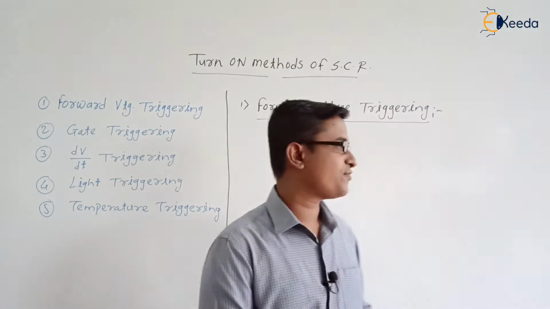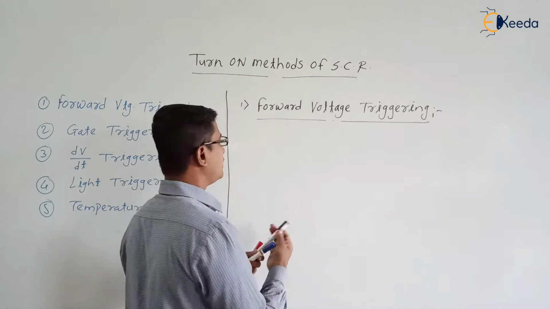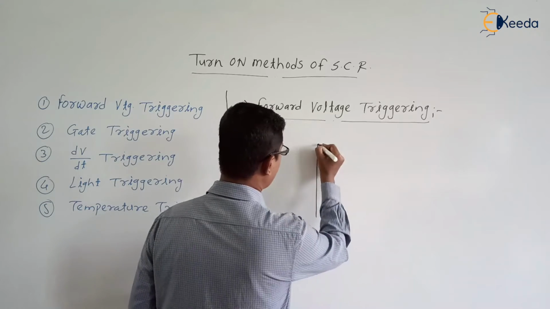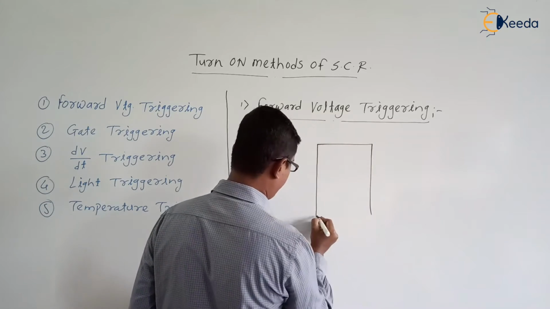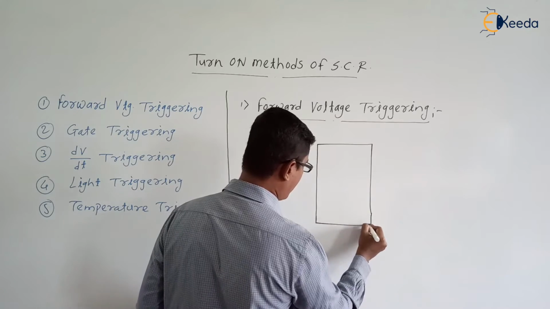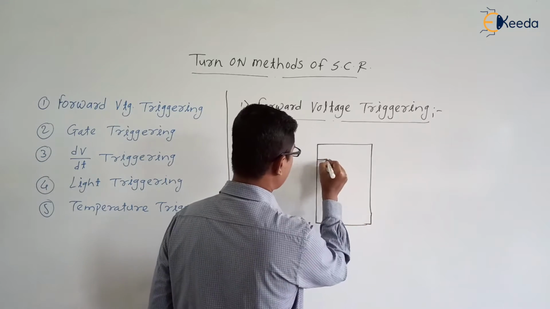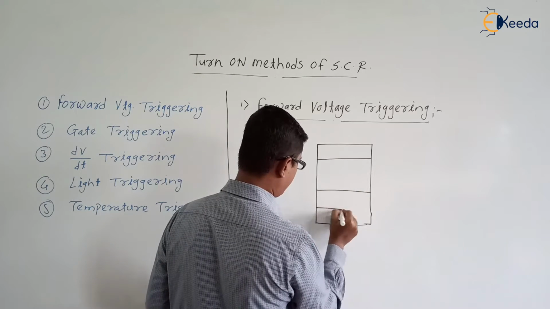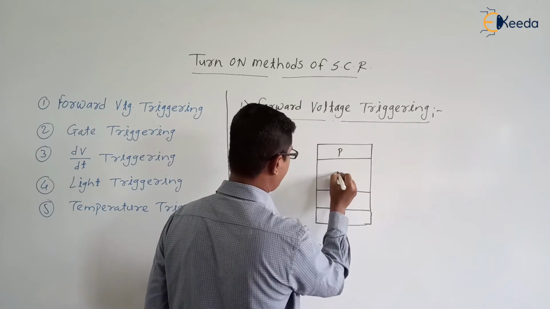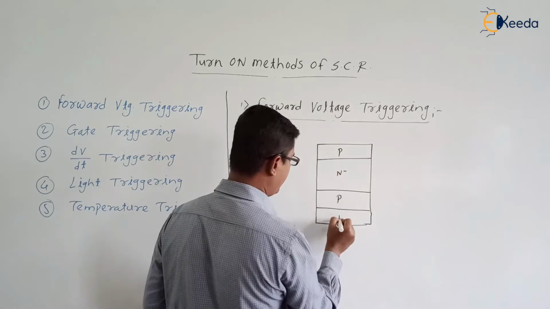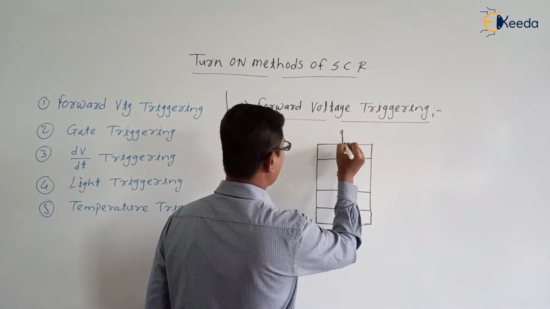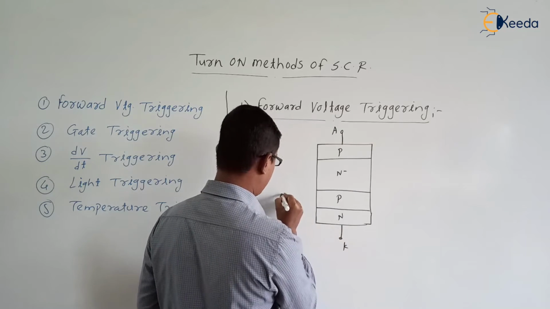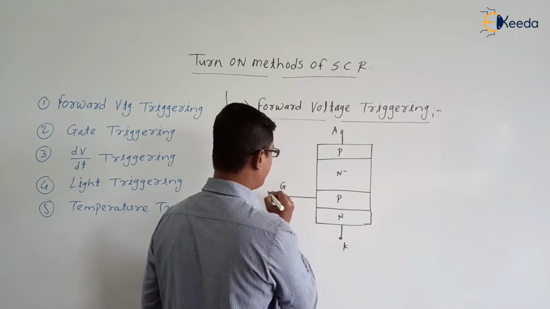Let us first draw the basic structure of the SCR. It is a PN device with 4 layers and 3 junctions: P, N minus, P and N. This is the anode of the SCR, the cathode of the SCR, and the gate of the SCR.